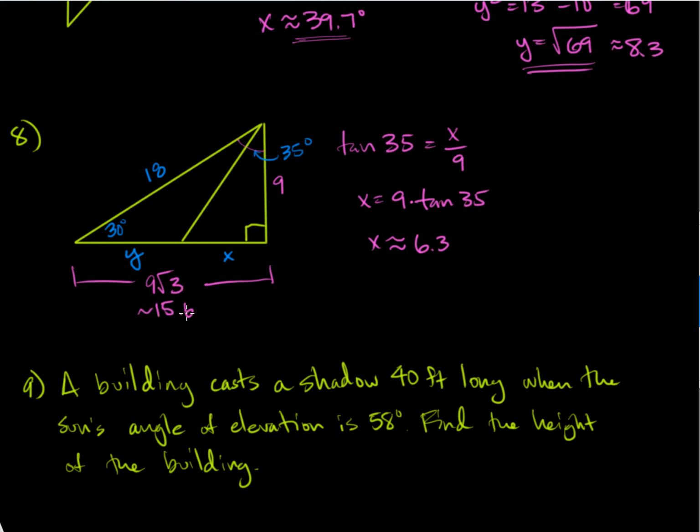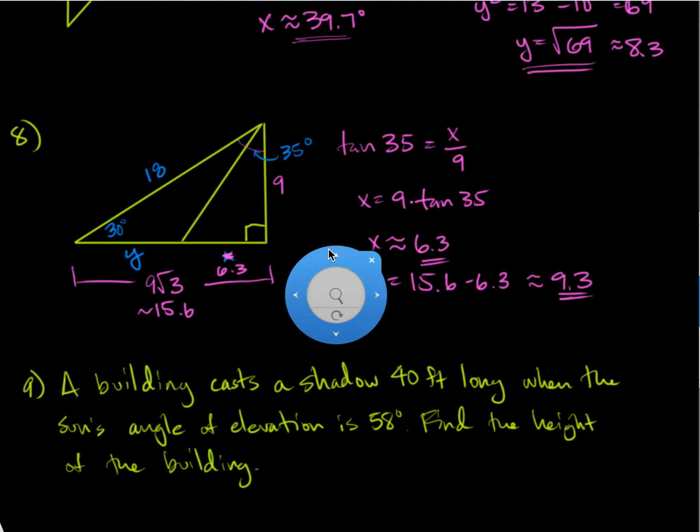So if this part of it is 6.3 and the whole thing is 15.6, then y will be equal to 15.6 minus, sorry, not 16.3, minus 6.3. So 15.6 minus 6.3 gives me an answer of about 9.3. So those will be my two answers to that problem.